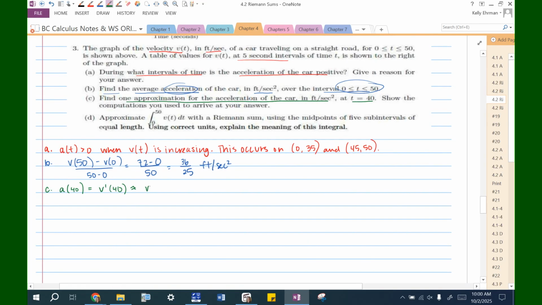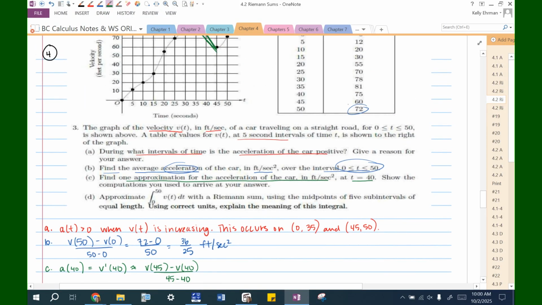So I'm gonna say that's v of 45 minus v of 40 over 45 minus 40. I think that there would be several answers that were acceptable to this one. So what was v of 45? 60 minus 75 over 5.